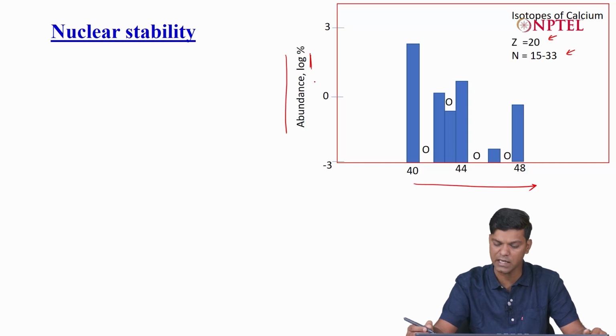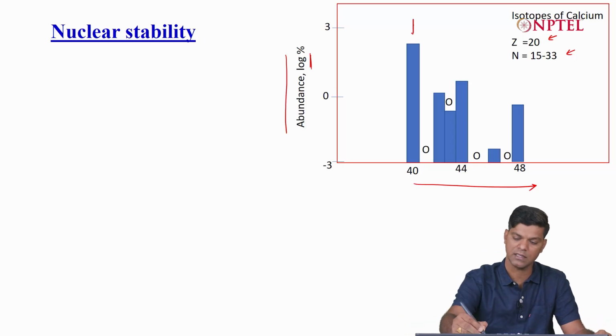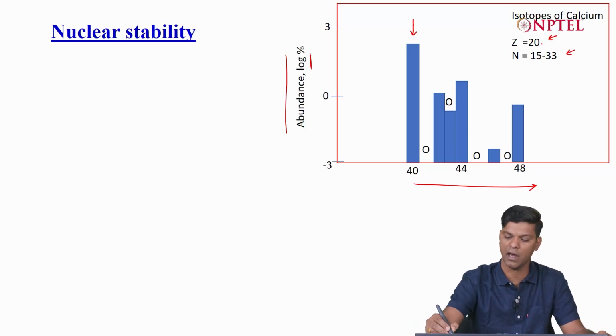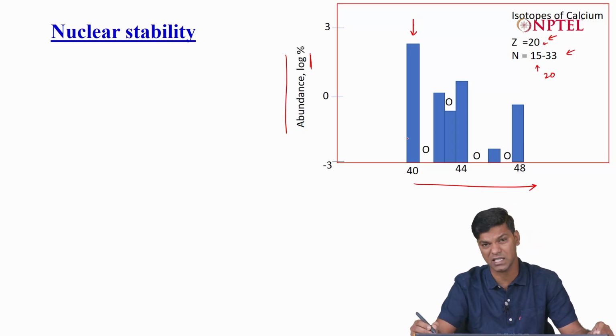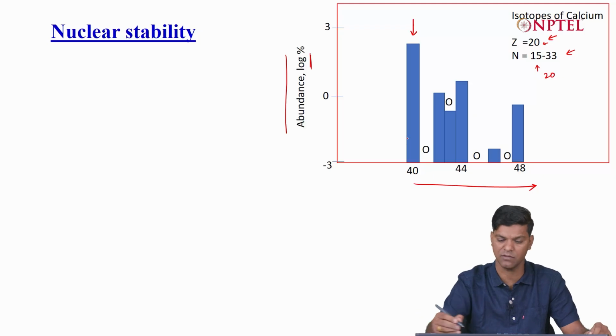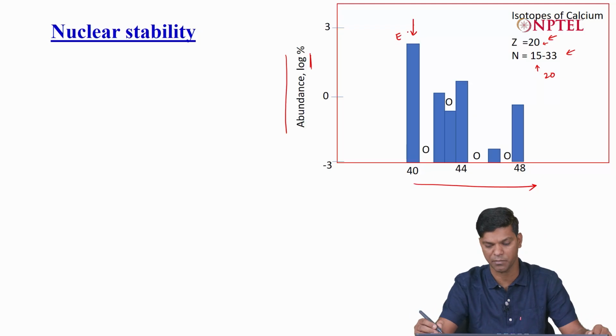Now, what we see is the most stable nuclide of calcium has the atomic number 20, and the neutron number is also 20. So, this is the most stable isotope of calcium, which has both proton and neutron numbers even.